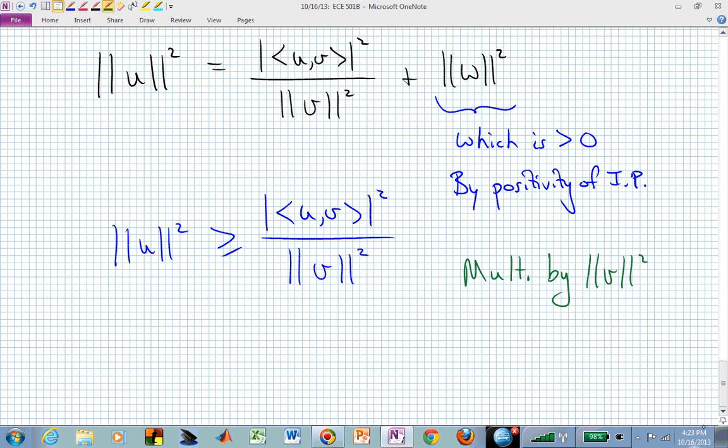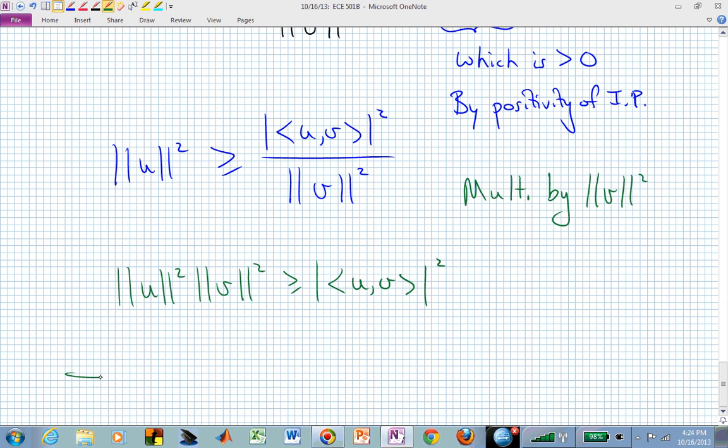Now we can multiply both sides by the norm of v squared, and we end up with the norm of u squared times the norm of v squared greater than or equal to the inner product of u and v, magnitude squared.